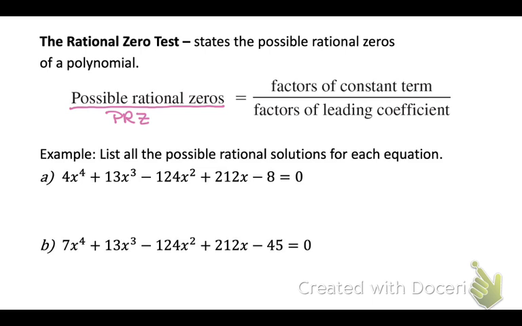So you first have to have it in order, correct? Always. So the constant is -8, and the leading coefficient is 4.